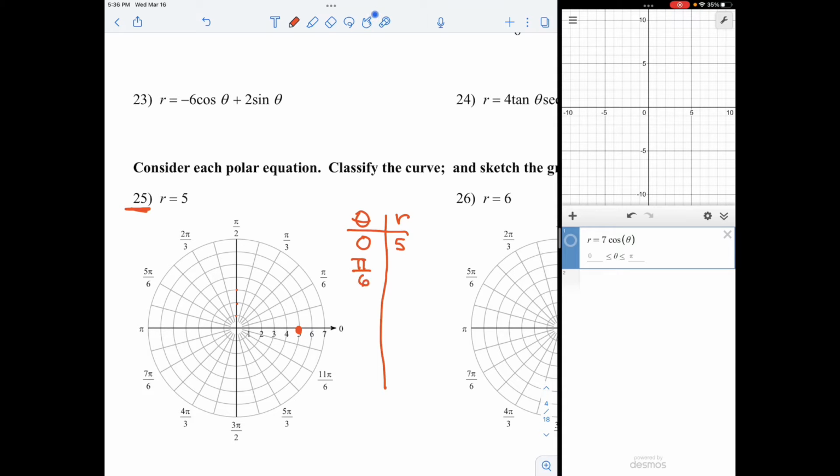Then the next one would be pi over 6. Once again, because there's no sine or cosine, r would remain 5. And we see that for pi over 3. We see that for pi over 2. So we can say this is a constant. The radius is a constant of 5.